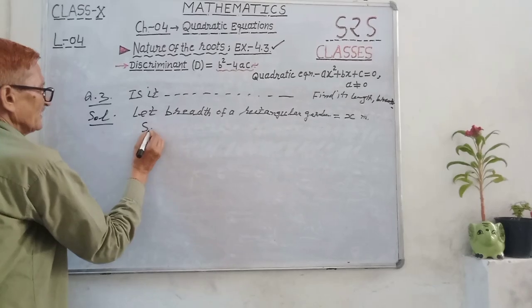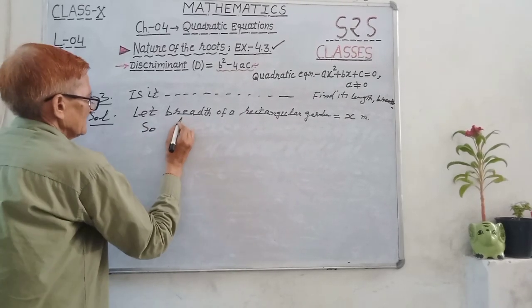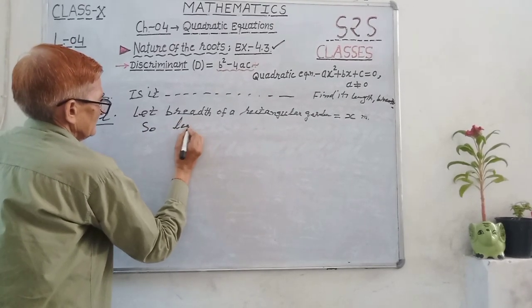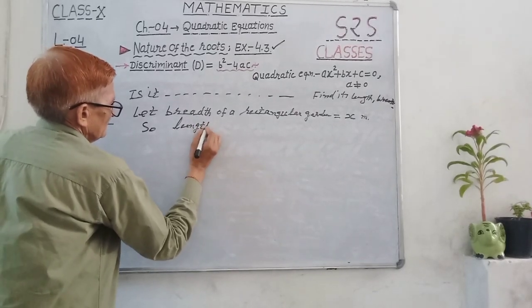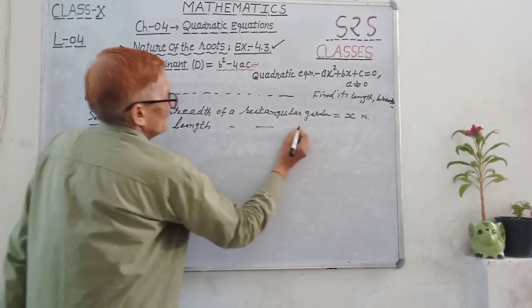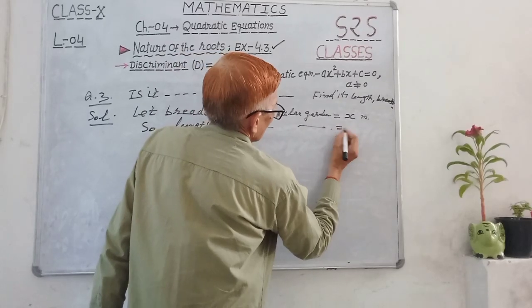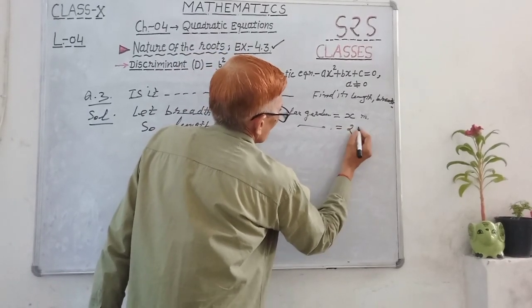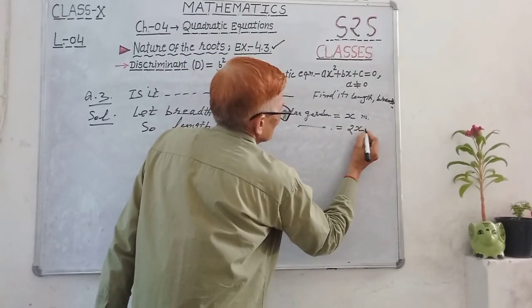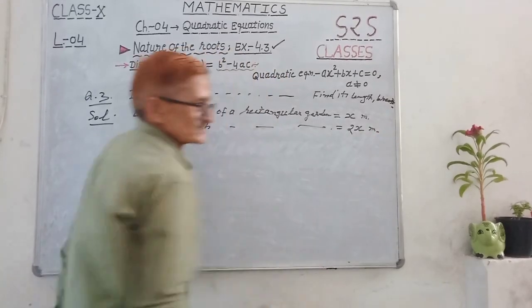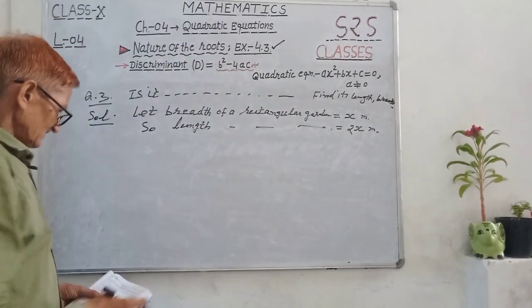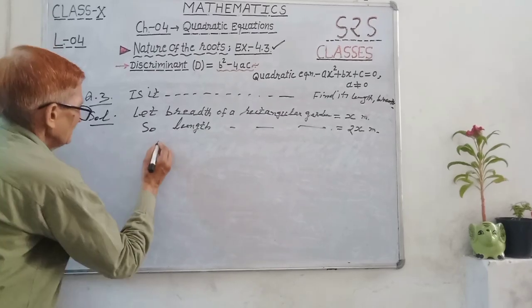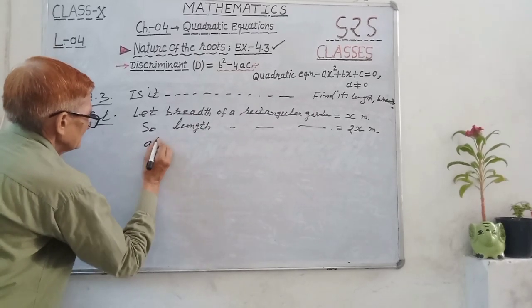So according to the question, the length of the garden is twice its breadth, which means 2x, and the area is given as 800 meter square.